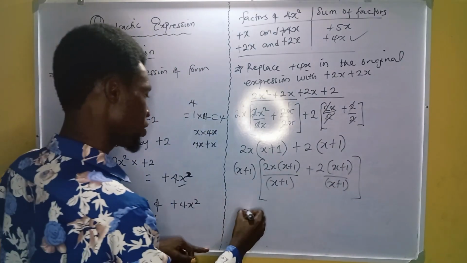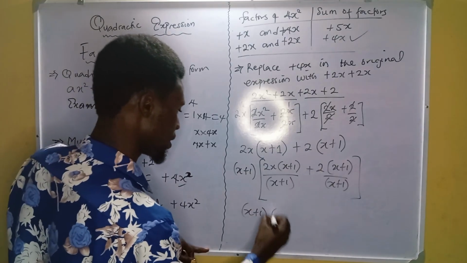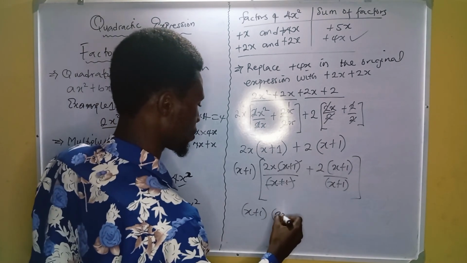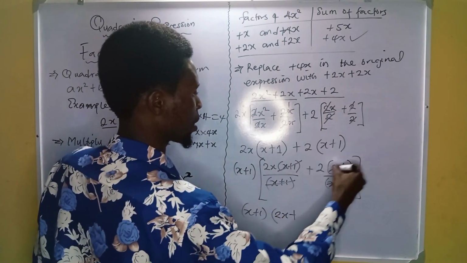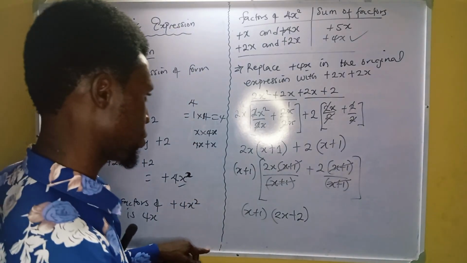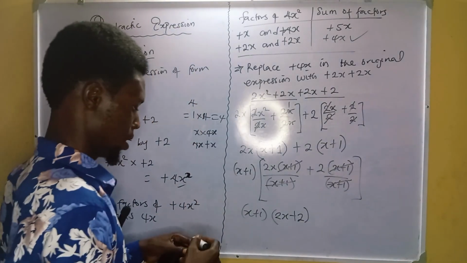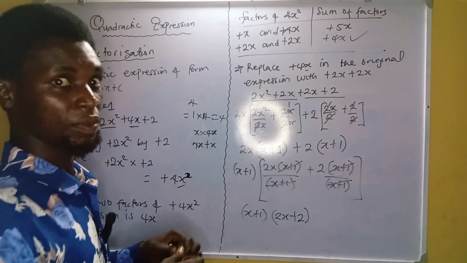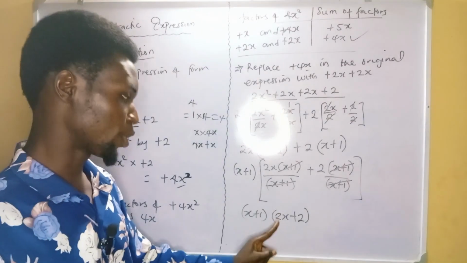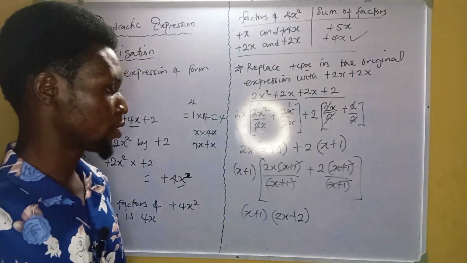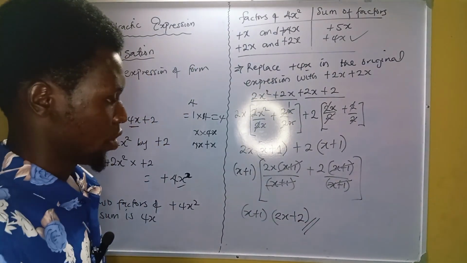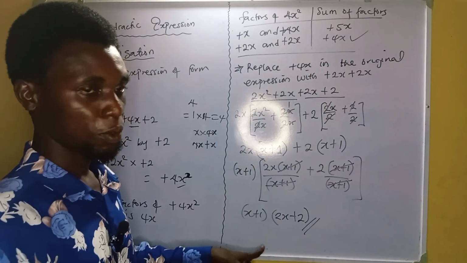So you now have x plus 1. Now in another bracket, this cancels here, you have 2x, this cancels here, and you have 2. All right. So for now, please, this is not just the final answer, but for now, we'll keep the answer here. As we move on, we are going to factor out completely.